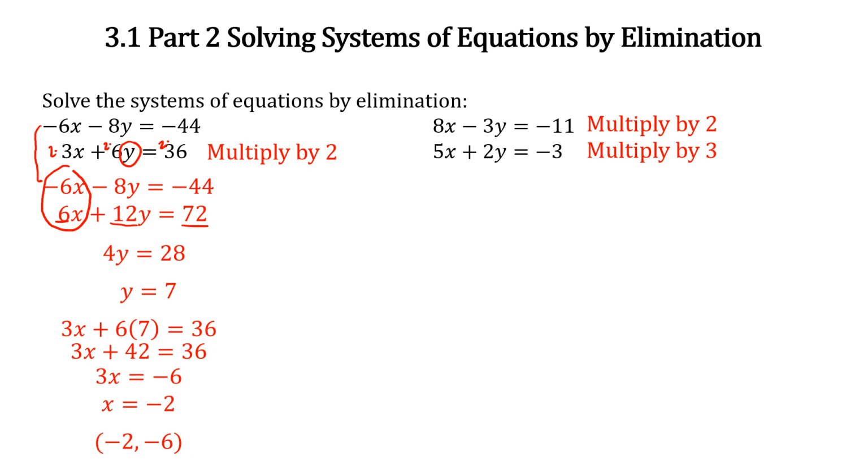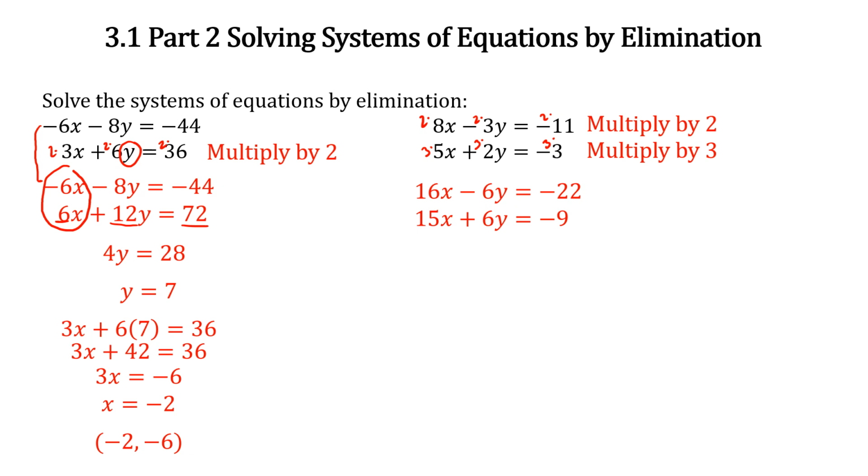That will give me a positive and negative 6. I could have multiplied the top by 5 and the bottom by 8, but one of them would have to be negative to get the signs to change.